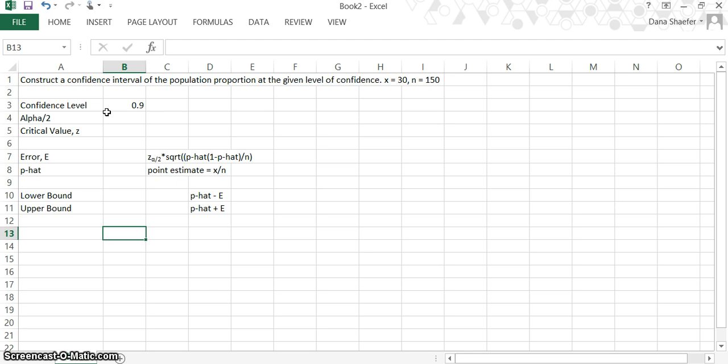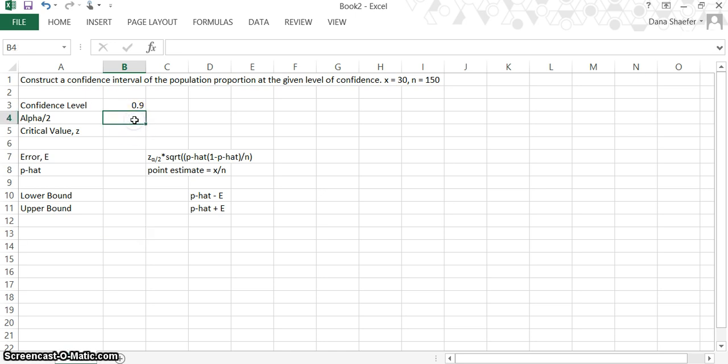If I have a confidence level of 0.9, that's the area under our standard normal curve centered in the middle. So that means I have 0.1 left, right? 1 minus 0.9. Then to find the area in each tail separately, I'm going to divide that in half.